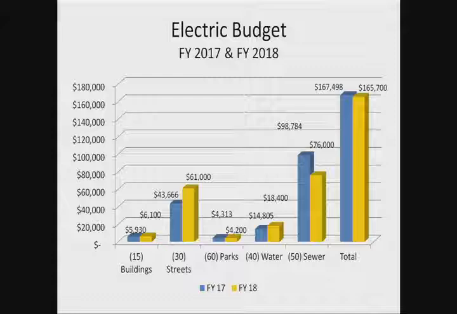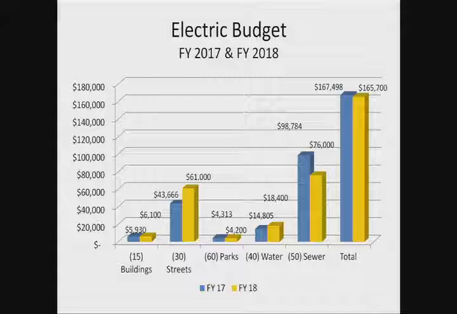Now we're at the other budget items. It's just a couple things. One's the electric that we were talking about throughout the different departments. This is a comparison of the electric budget for fiscal year 2017 as compared to fiscal year 2018.